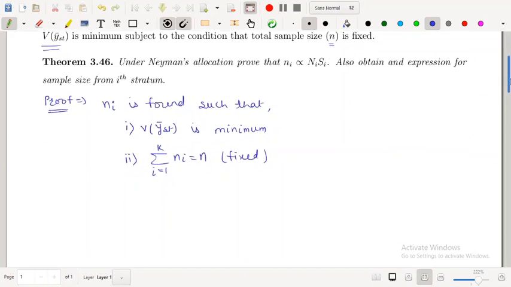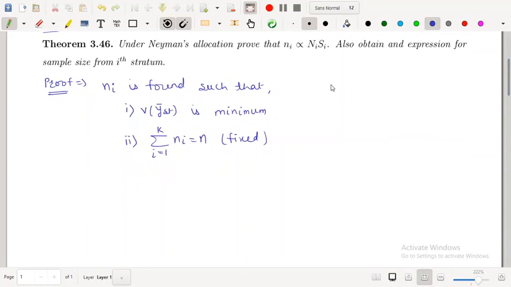So here we want to find ni and some conditions are given. We solve this problem by the method of Lagrange's multipliers.